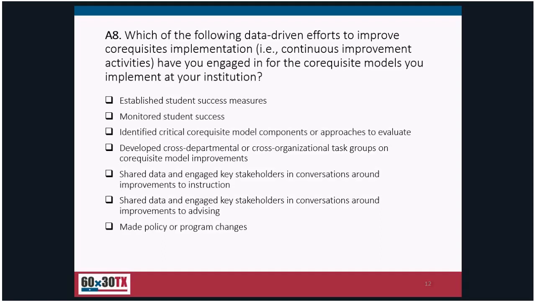Awesome. And then develop cross-departmental or cross-organizational task groups. That's pretty self-explanatory. Share data and engage key stakeholders in conversations around improvements to instruction. And when we say key stakeholders, we're talking about faculty, we're talking about advisors, we're talking about those individuals who have a direct impact on how students place into your corequisite models, and those who are actually instructing your students while they're in those corequisite models.